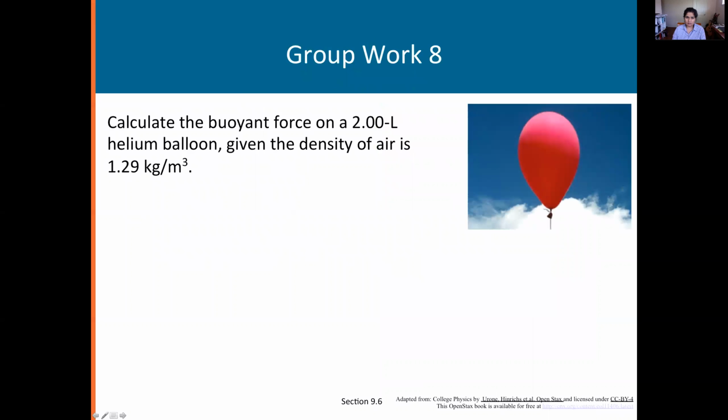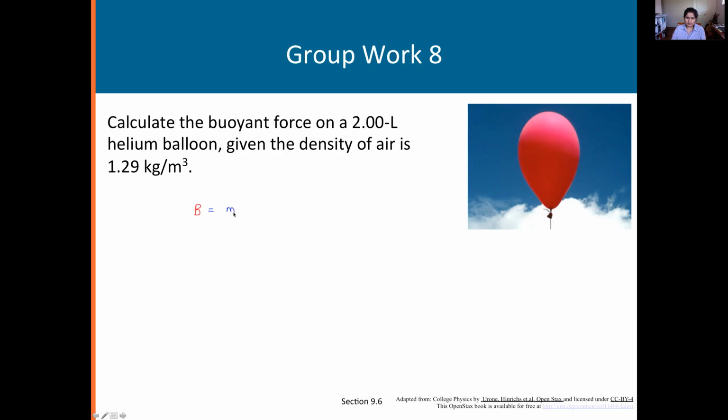Okay. Let's do a simple problem. Calculate the buoyant force on a 2-liter helium balloon given that the density of air is 1.29 kg per meter cubed. So what is my buoyant force on the object? The buoyant force is going to be equal and opposite to the weight of the fluid displaced.